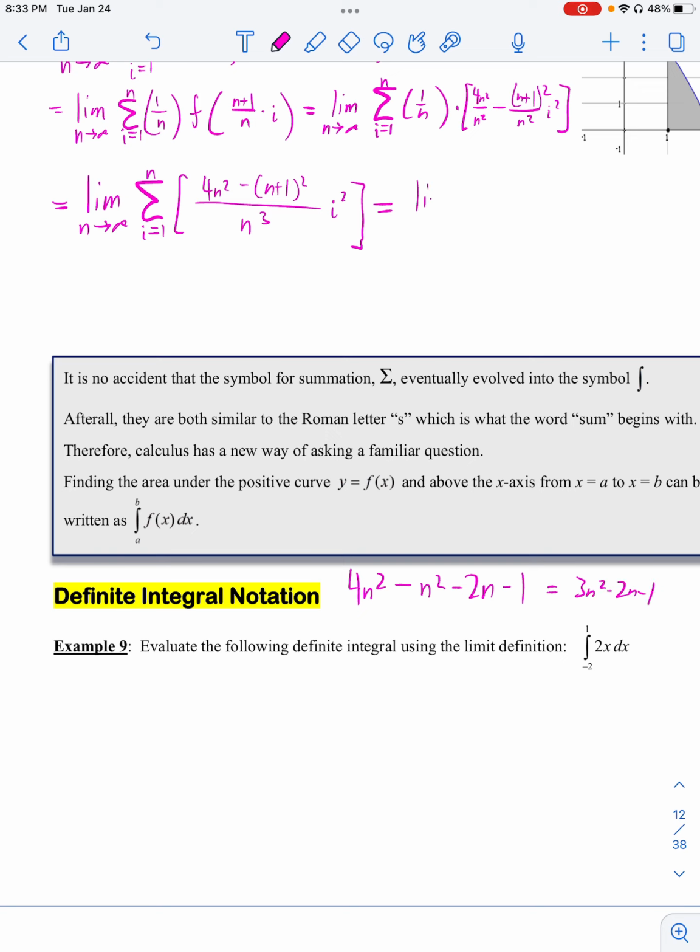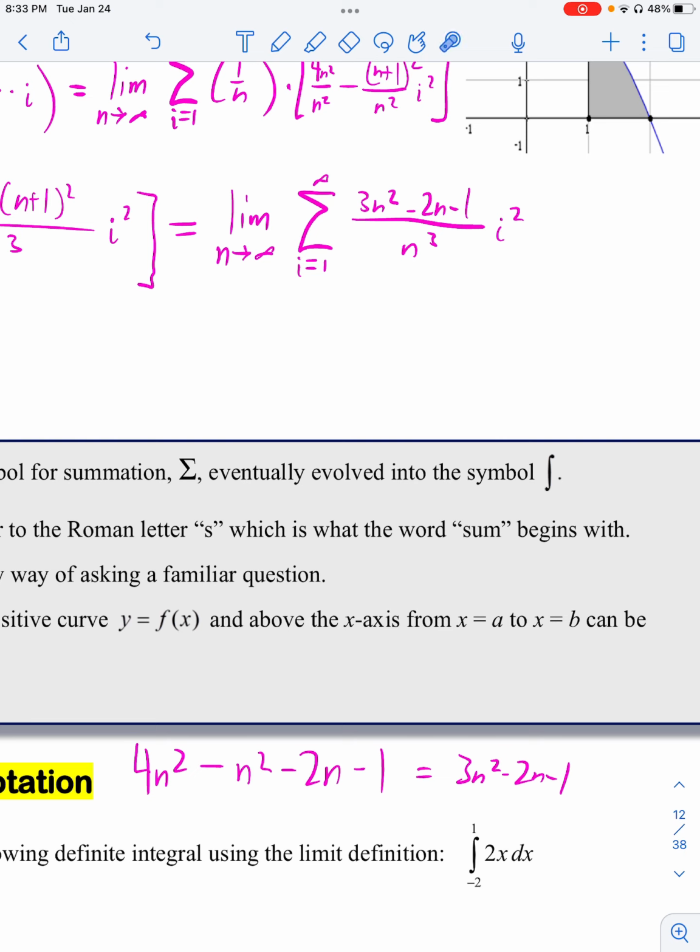So this is the limit as n goes to infinity of the sum from i equals 1 to n of (3n squared minus 2n minus 1) all over n cubed, times i squared. Everything I just highlighted in orange has no i in it, and since the variable in the sum is i, we can pull it out.